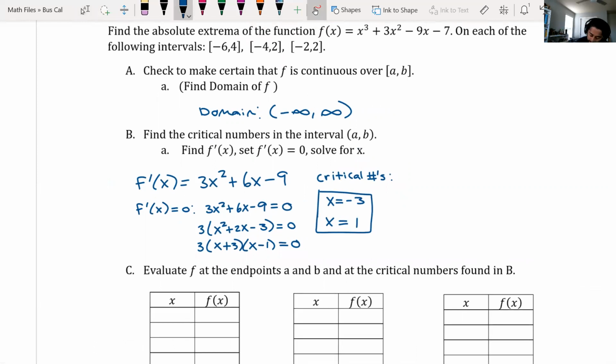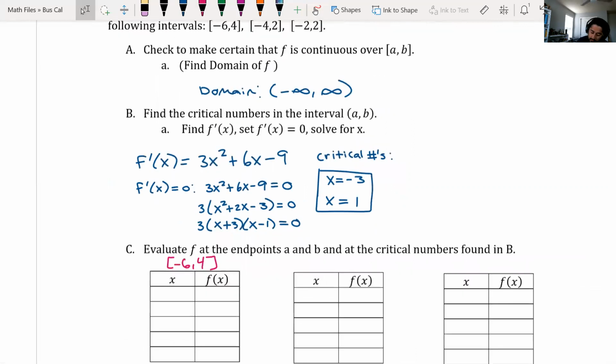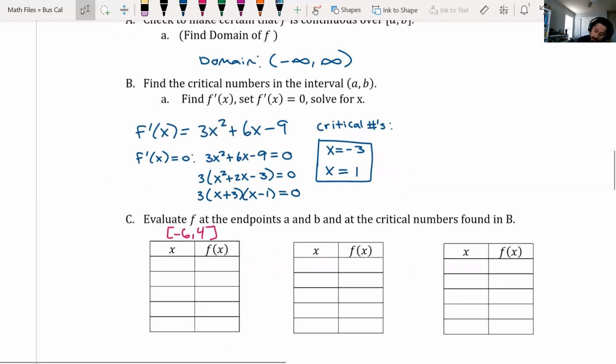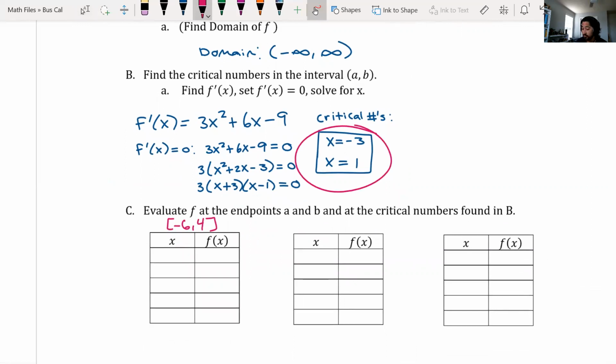The first interval is going to be -6 and 4. Okay, and what we want to know when we list our values is, do the critical numbers we just found fit on this interval?